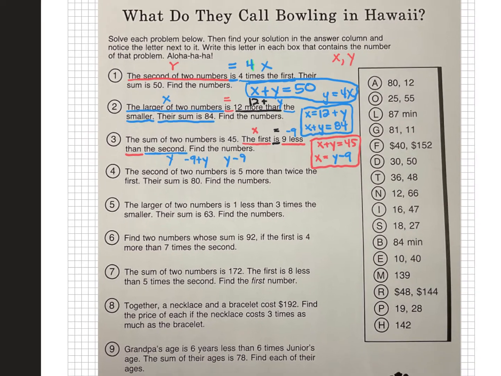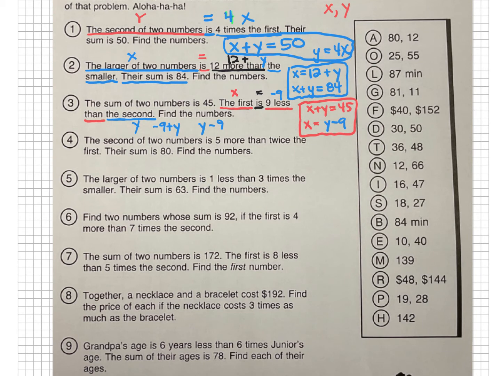Let's read the fourth problem. The second of two numbers, and again, I'm just going to call the second number y always. I don't know why I do that. It just makes it easy for me. The second of two numbers, so I have y, and then there's our is, so that's equals 5 more than, so there's 5 plus something.